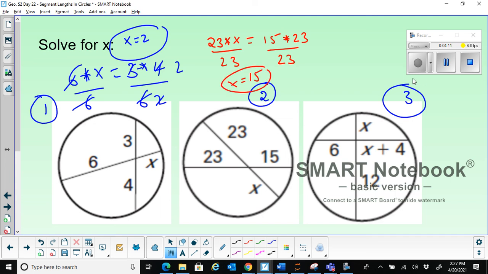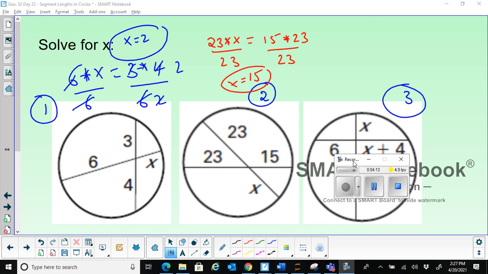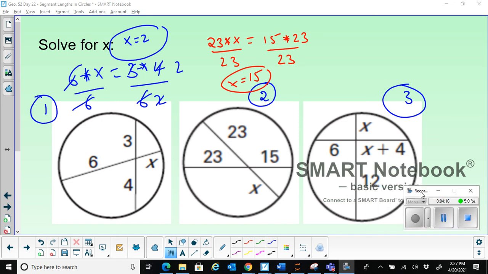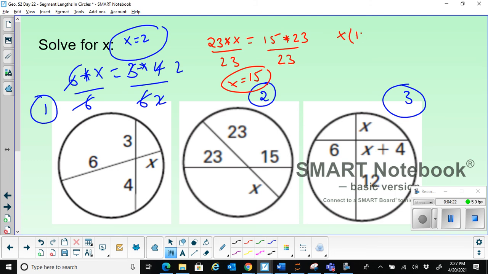Let's try problem number 3. For problem number 3, we have x times 12 equals 6 times (x plus 4). Let's further simplify this. 12x equals 6x plus 6 times 4, which is 24.